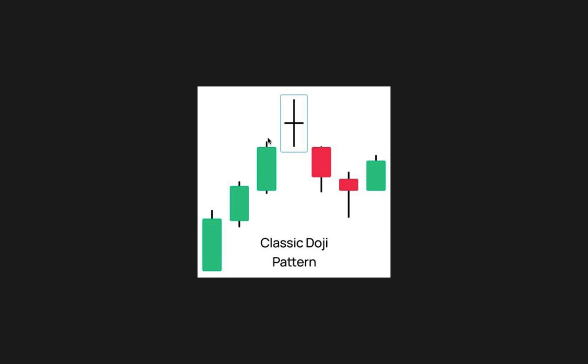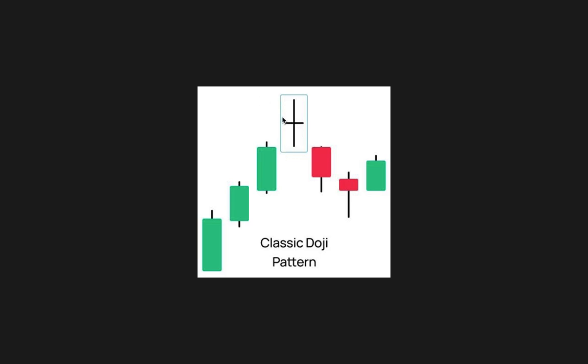A doji candlestick does not have a body. When you put it on your chart and you see something like this with no body, you should know that yes, this is a doji. I explained before the person that created all these candlesticks.